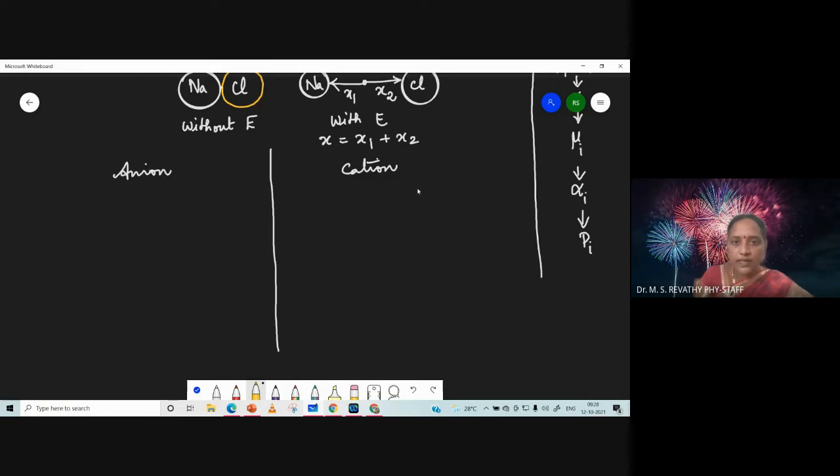Cation is Na because this is positive. Cl is negative and the sodium is positive. So anions and cations. So here for anion, you have to calculate, or let me put in the reverse so that I can do it, just a minute. So anions and cations.